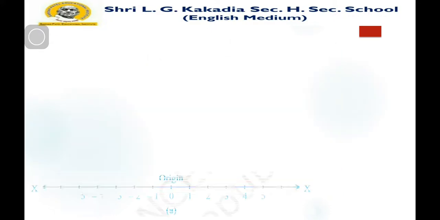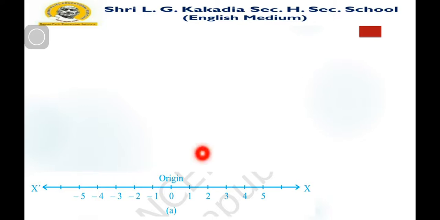About the horizontal line, let us denote the given line as x dash x. If we look to the right side of this line, then we find the positive numbers.